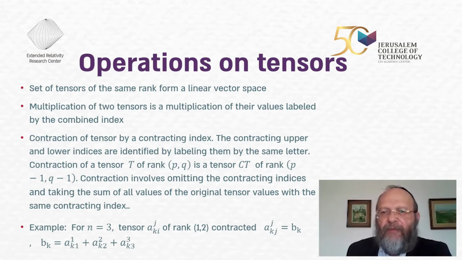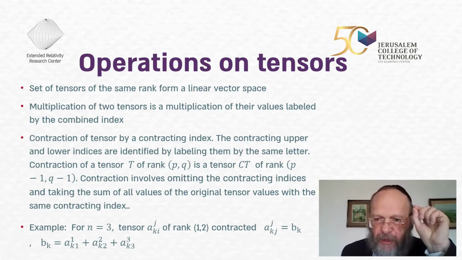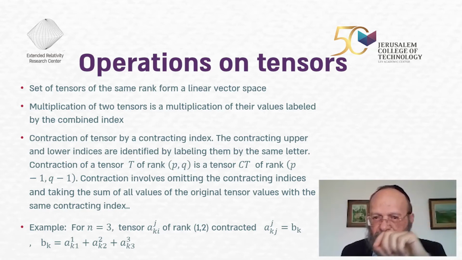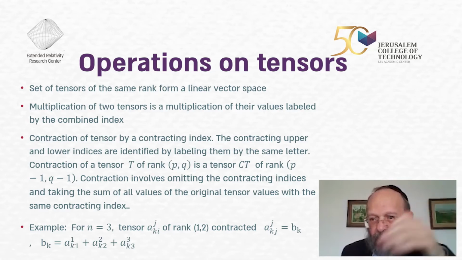It means contracting upper and lower indices. How do you know which index is identified? By labeling them with the same letter. If you want to contract by some index, you have to label it with the same letter. Then you know you have a contraction. A contraction of a tensor T of rank (P, Q) is a tensor, which I call the contraction of T, of rank (P minus 1, Q minus 1), because the contracting index got erased.